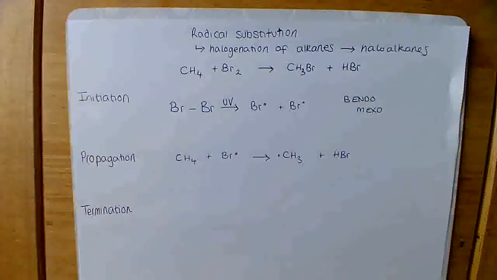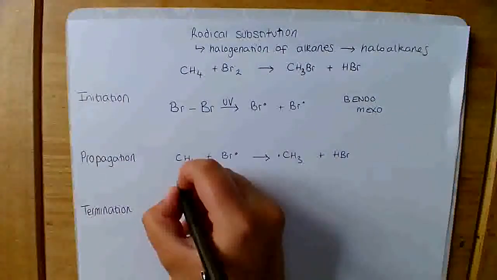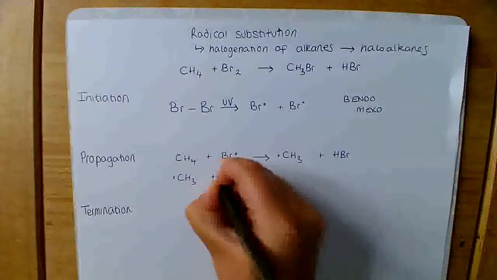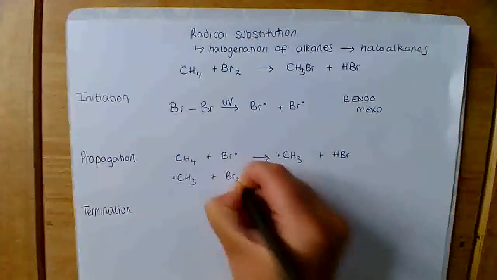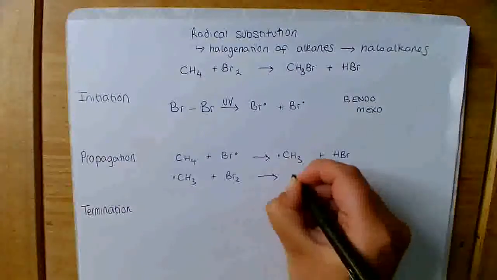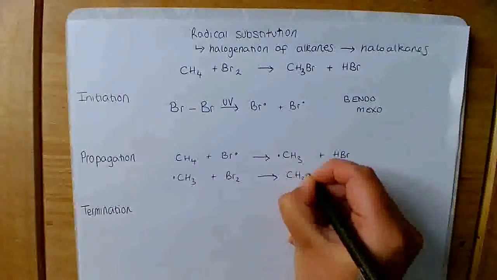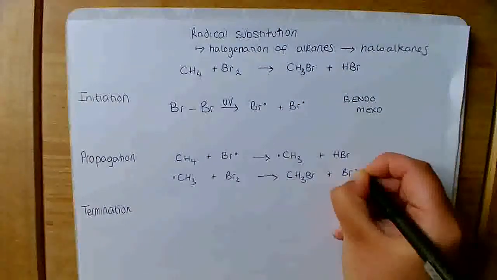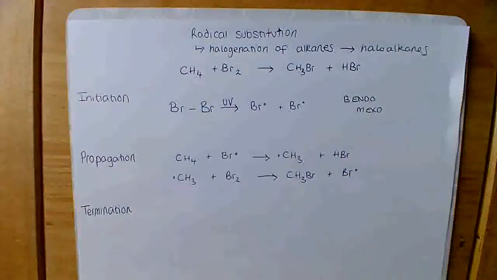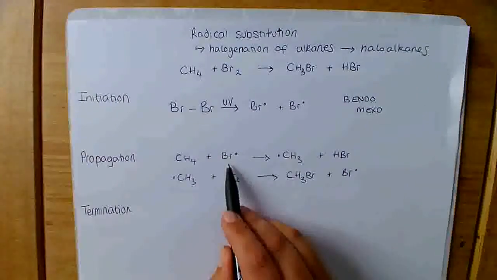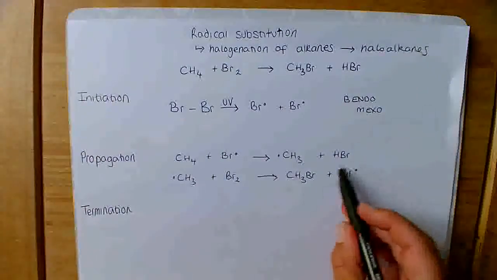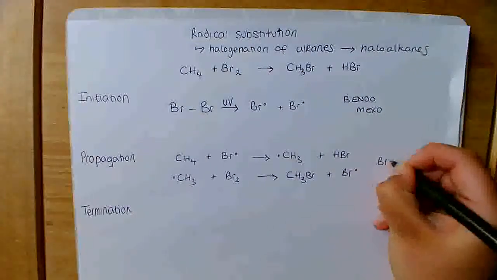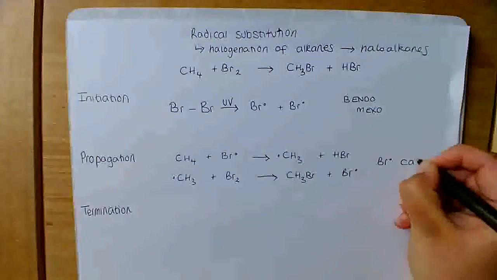In the second part of the propagation, our methyl radical reacts with a bromine molecule to form our haloalkane and a bromine radical. You might notice that we use a bromine radical in the first step and we produce a bromine radical in the second step. The bromine radical acts as a catalyst.